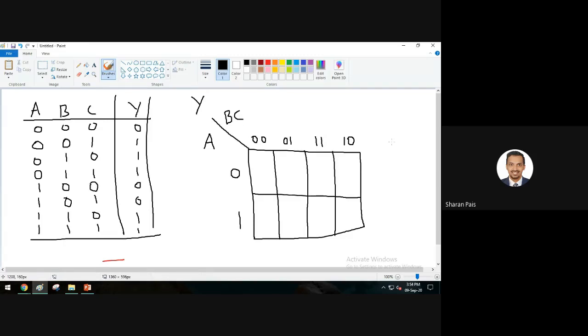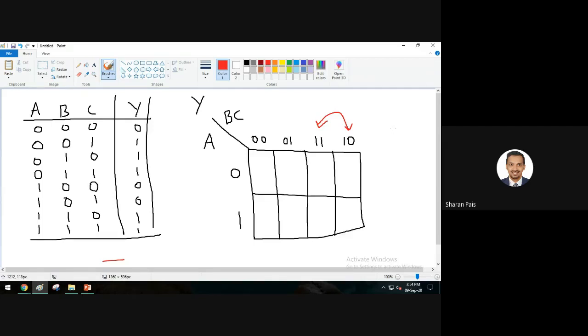Followed? See, there is a change in this. These two values are interchanged. You can observe that. So after 0, 0, then 0, 1, then 1, 0 comes, then 1, 1 comes. But here we are not following the binary system, we are following the Gray code system.